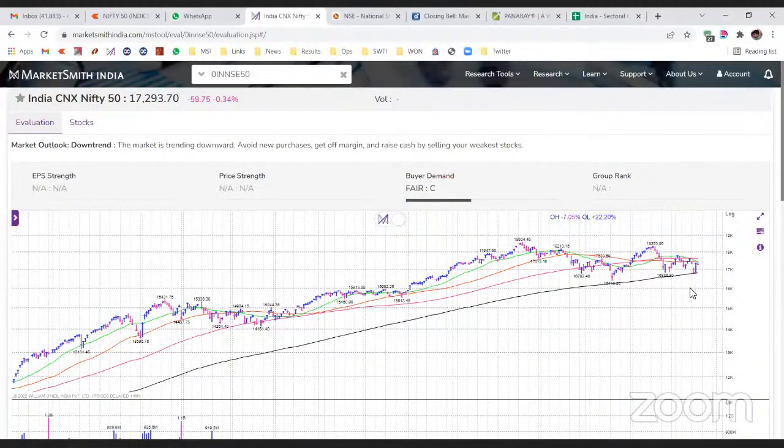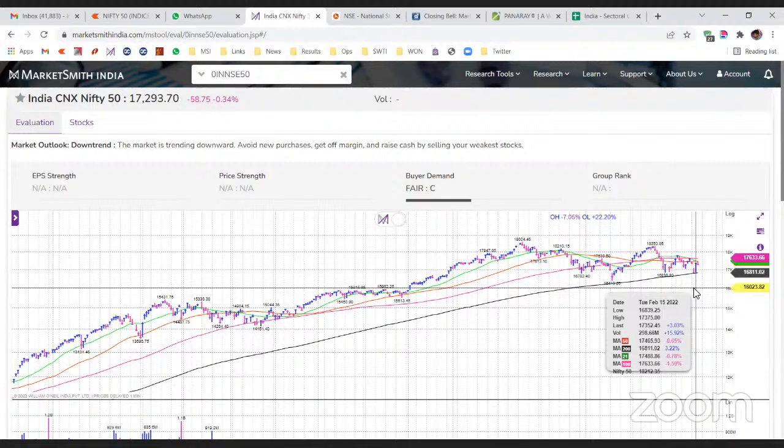The major news which impacted markets was, one, inflation data coming at higher rates. US inflation came in at 7.7%, that is a 40-year high. Then geopolitical tensions between Russia and Ukraine. These were the two major news items which impacted global markets as well as Indian markets.